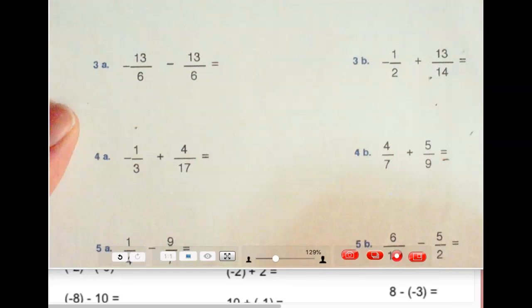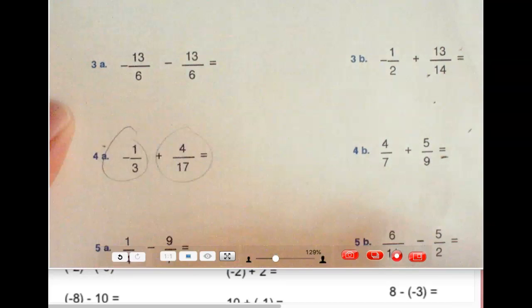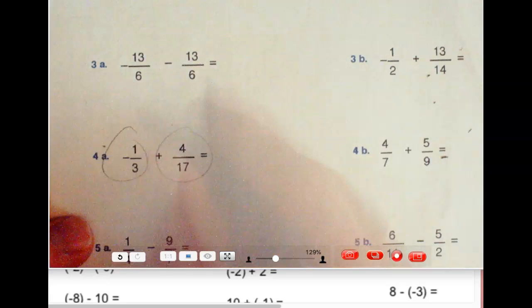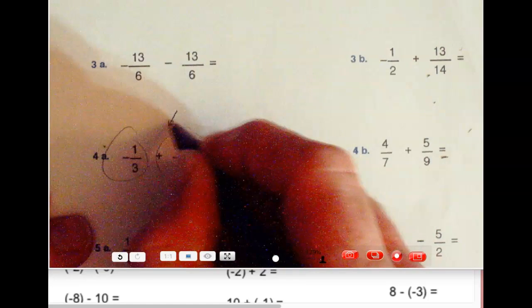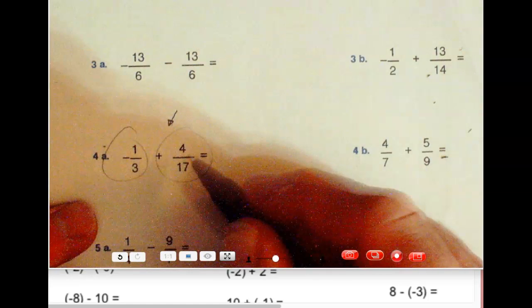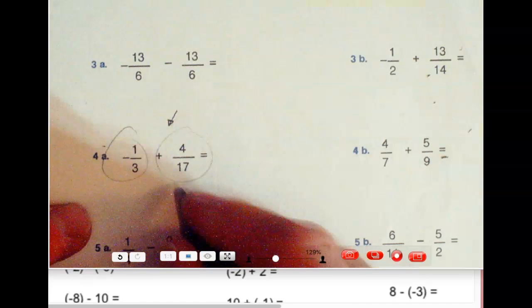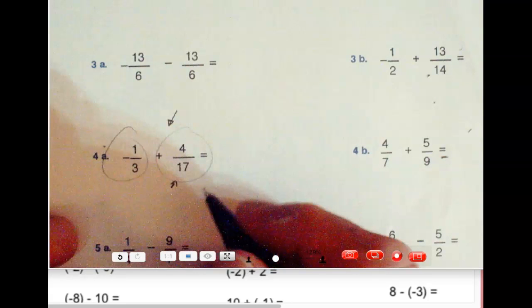All right, so now on 4A, I've got a negative and I've got a positive. So here, even though it says addition, when you ask yourself what you are really doing, you're really finding the difference. And so sometimes people even rewrite this fraction first as 4/17 minus 1/3.